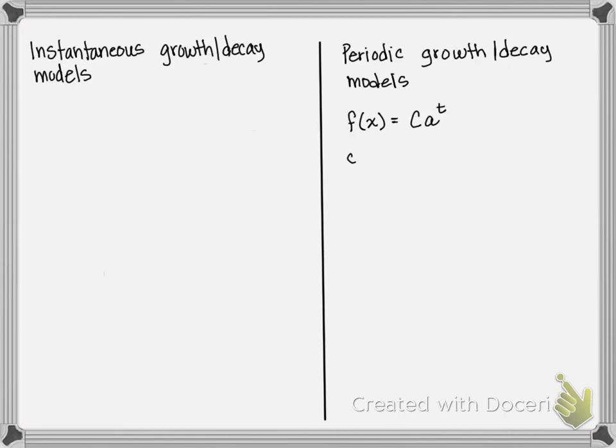And our growth or decay factor was A. And then the growth, well, we'll call it percent rate of change, is R. Here, I'm being lazy.